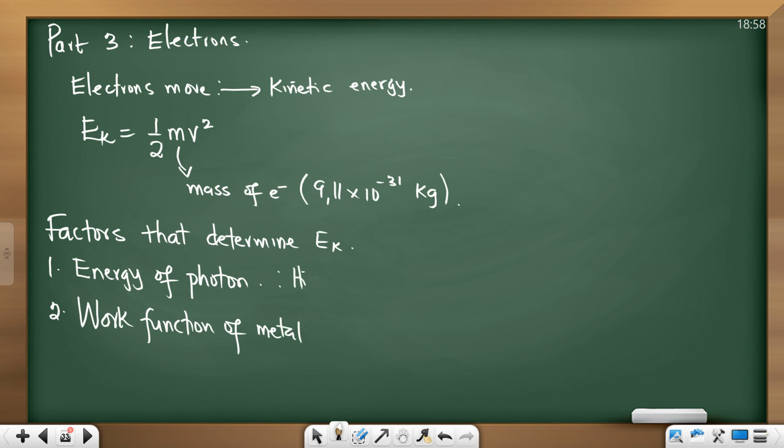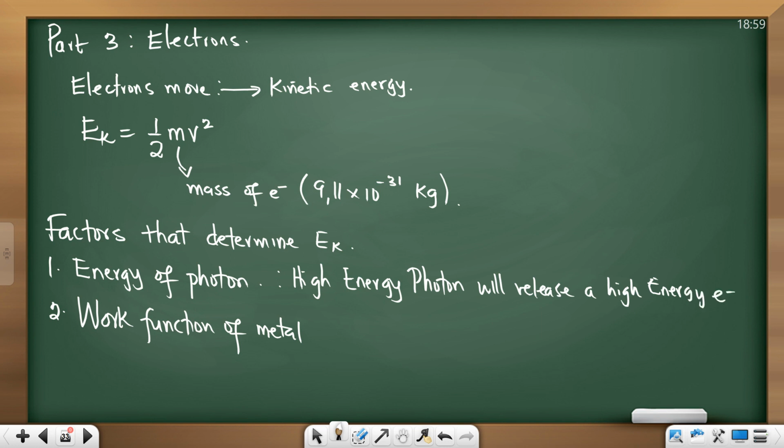So a high energy photon, and we've talked about how to increase the energy of a photon, right? How do you increase the energy of a photon? Change the light. Use a light of higher frequency. A high energy photon will release a high energy electron.